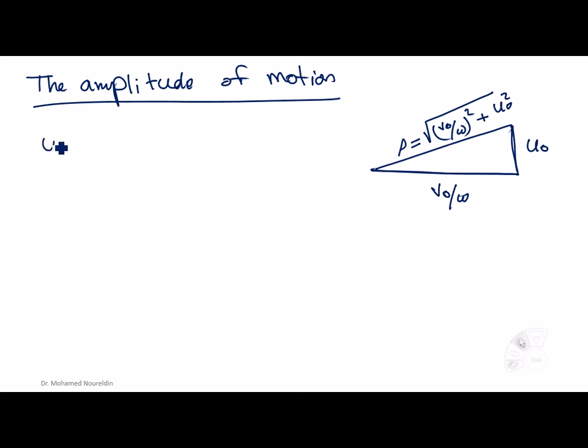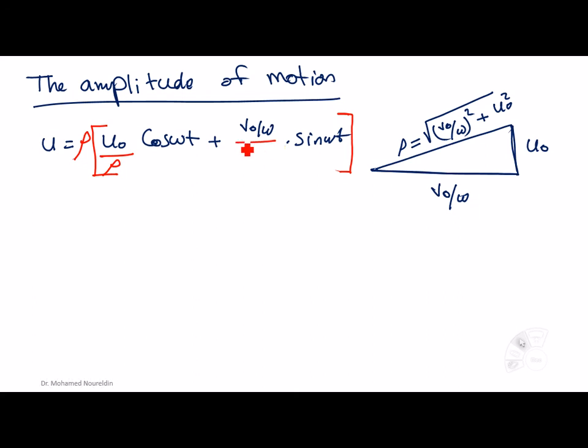If we look at the equation of motion, it is u node cosine omega t plus v node over omega times sine omega t. What we're going to do simply is multiply the total equation by rho, and divide by rho also. So I didn't do anything, right?